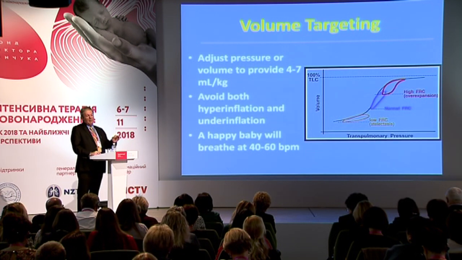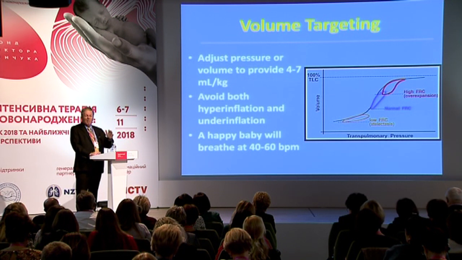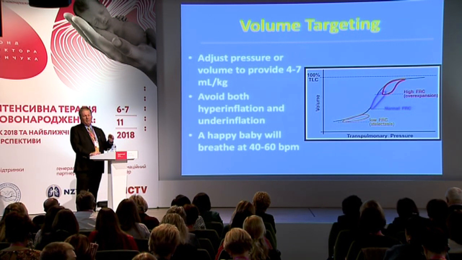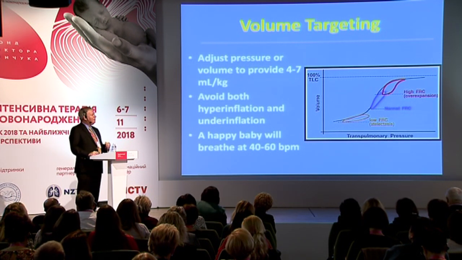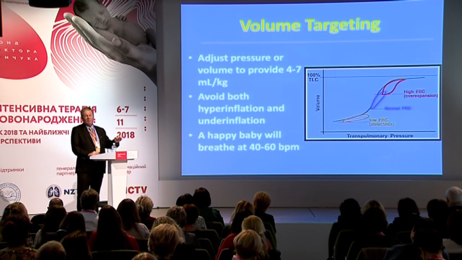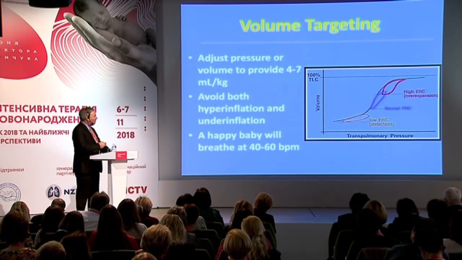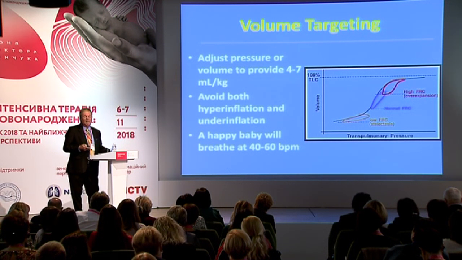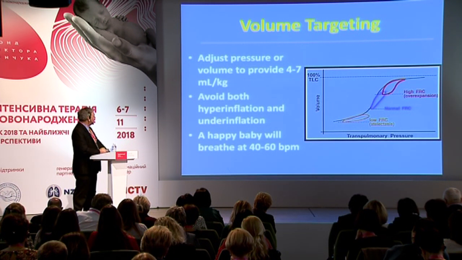If you're underventilating the baby, your tidal volume is inadequate, the baby will breathe more rapidly to try to compensate and maintain minute ventilation. Conversely, if you are overventilating the baby, if you've taken away the baby's CO2 drive, what's going to happen? The baby is just going to lay back and let the ventilator do all the work. So following up your ventilator adjustments by going to the bedside and closely observing the baby is really important.